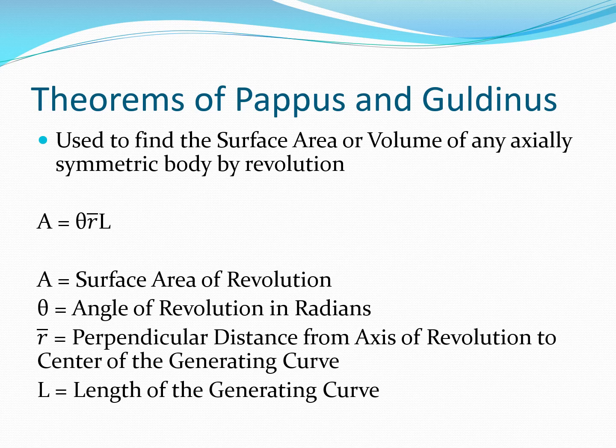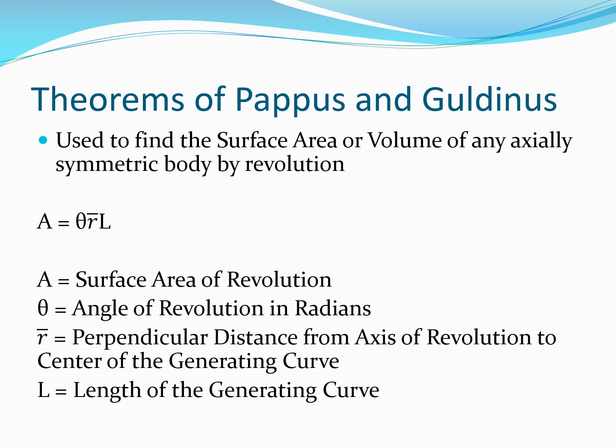The last thing in this chapter, 9.3, is the theorems of Pappus and Guldinus. It may look weird, it may look complicated, but essentially, it's formulaic. We're going to find a shape that we can spin around an axis to make our shape.